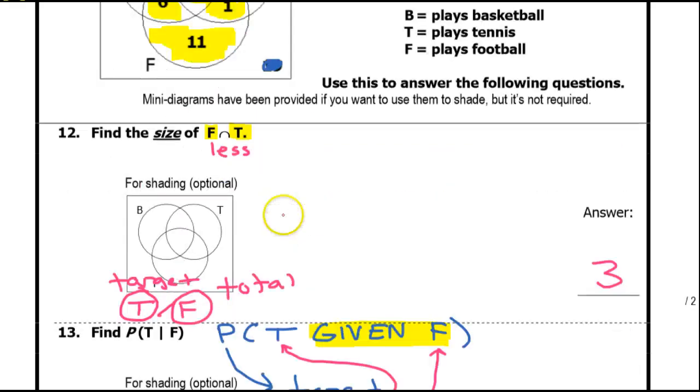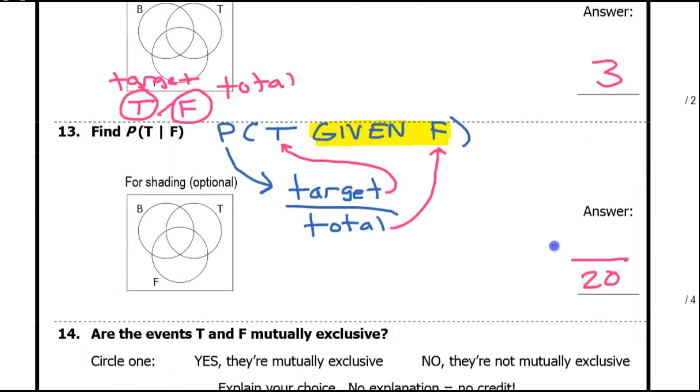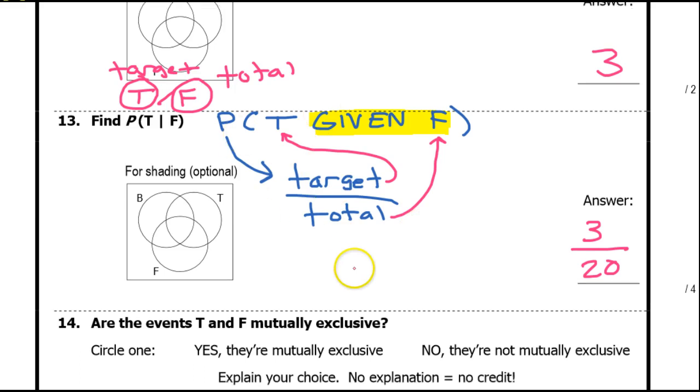Out of the numbers that we didn't cross out, how many are tennis players? Well, that's these two, in other words, 3. 3 students play tennis out of the total number of students who play football. So that's 3 out of 20. That's how you do a given problem.